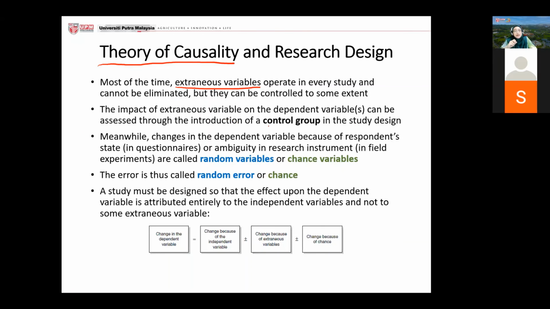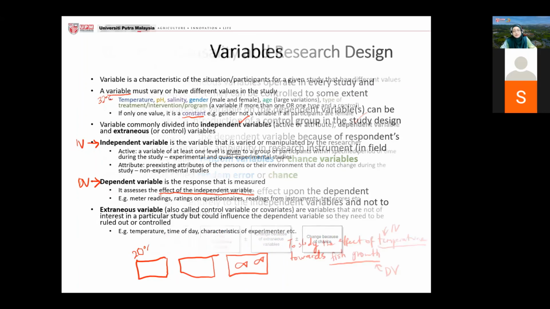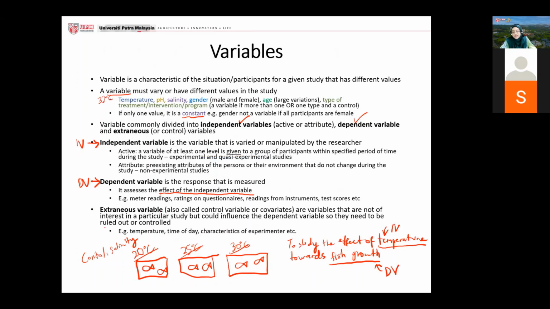And that is why we have a control group. The control group actually has the same extraneous variable. So if we look again at the one before, you have another tank here, which is your control group.